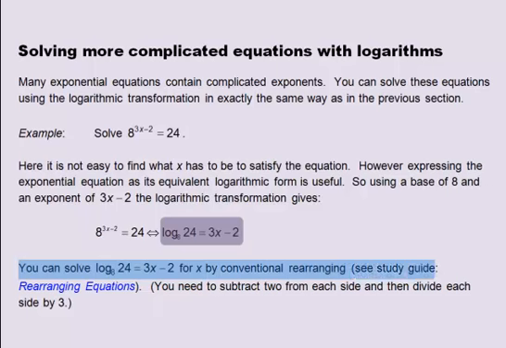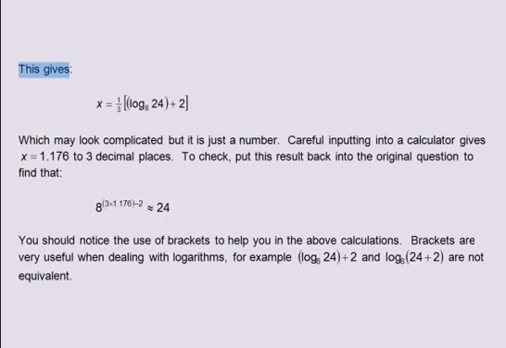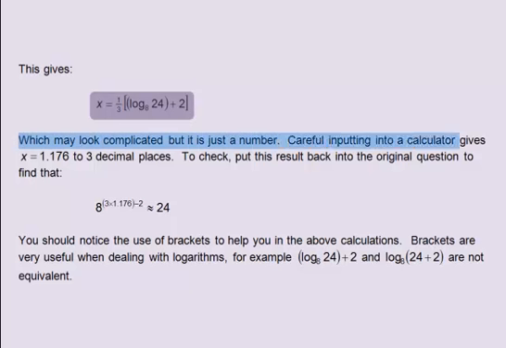See the study guide, Rearranging Equations. You need to subtract 2 from each side and then divide each side by 3. This gives x equals 1/3 of (log to the base 8 of 24 plus 2), which may look complicated, but it's just a number. Careful inputting into a calculator gives x equals 1.176 to 3 decimal places.